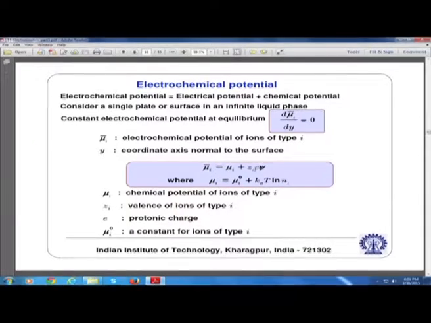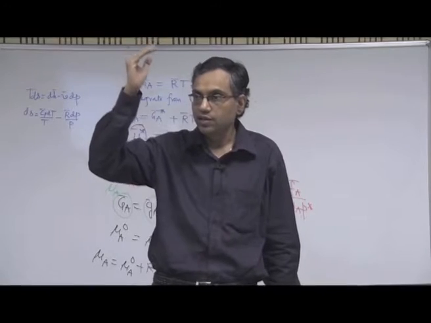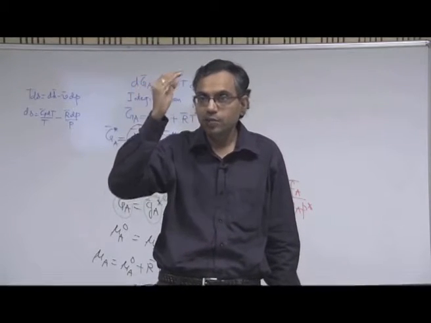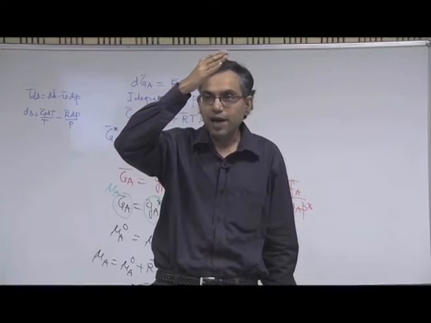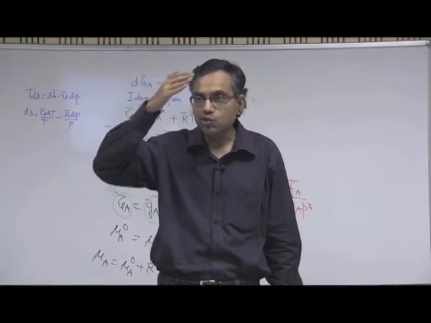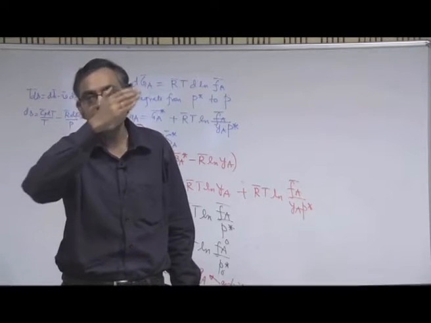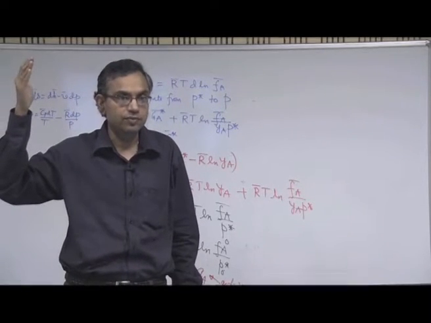Okay, and if psi be the potential within the electrical double layer, we are discussing the thermodynamics of the electrical double layer. Psi within the electrical double layer is a function of y, psi is not a constant. Remember that there is a maximum value of psi at the wall, then psi decreases as you go from the wall. At the shear plane it becomes the zeta potential, and outside the electrical double layer it becomes 0.